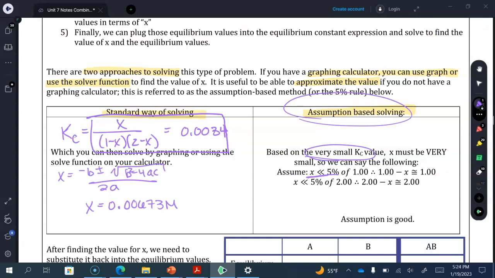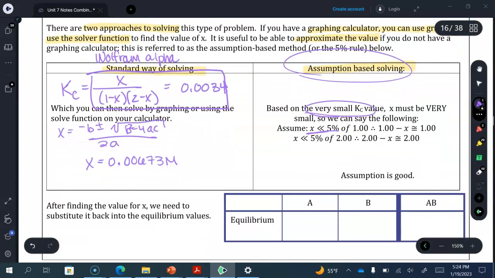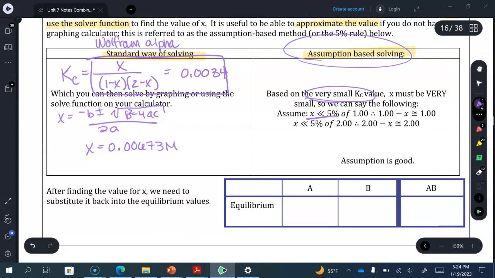A good solver, if you don't know how to use the one on your calculator, is Wolfram Alpha. If you get it set up, it'll help you solve for the x values when the approximation method doesn't work. But I love the approximation method.